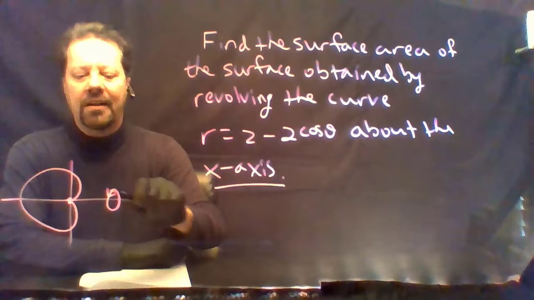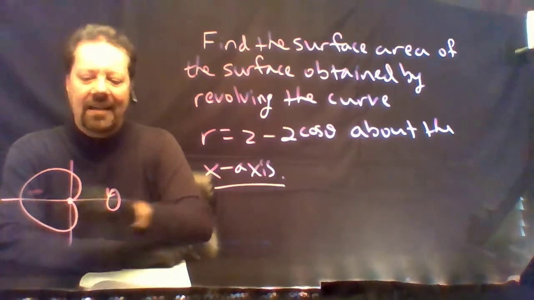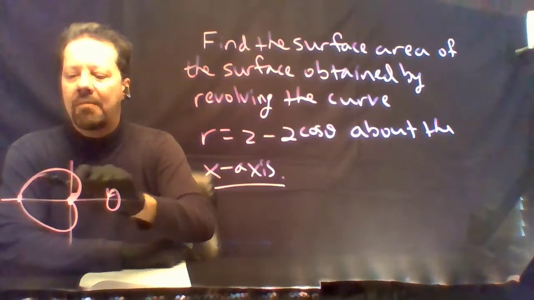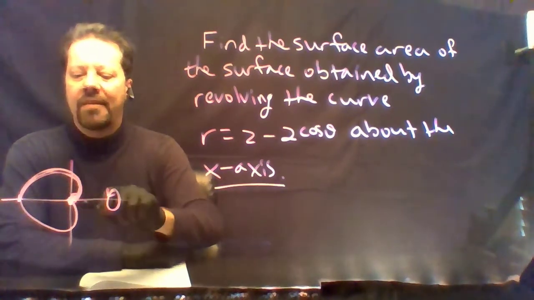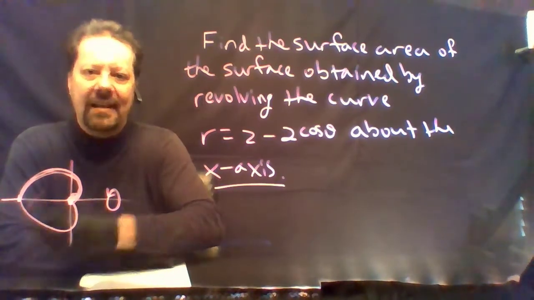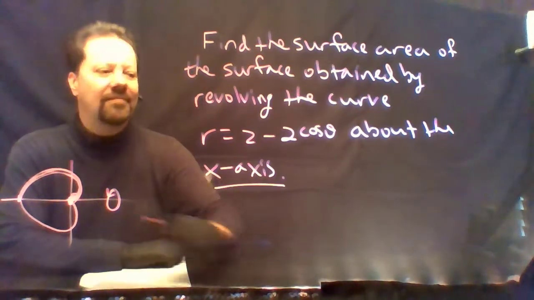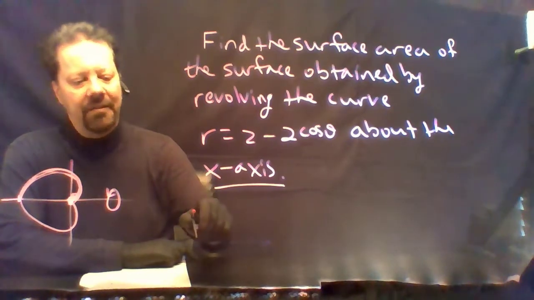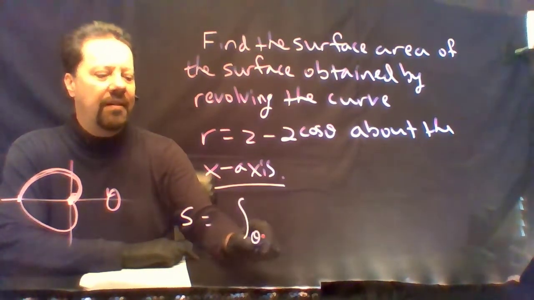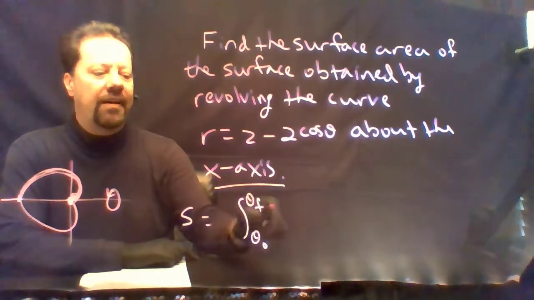When we revolve the cardioid about the x-axis, we really only need to revolve the top part, where theta goes from 0 to pi, because we'll sweep out the entire surface with just that little hook. The formula for surface area is the integral from theta naught to theta final.